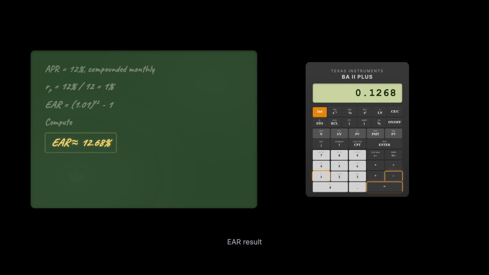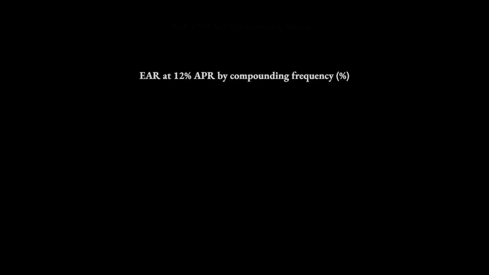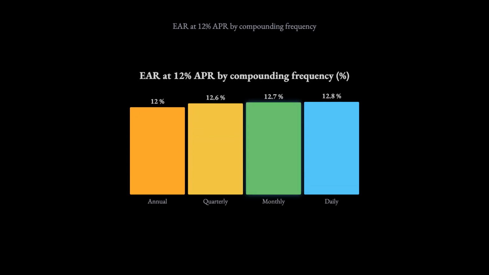Subtract 1, and the effective annual rate is about 12.68%, noticeably higher than the stated 12%. And the more frequently you compound, the more the EAR exceeds the APR. At 12% APR, quarterly compounding gets you to 12.55%, monthly reaches 12.68%, and daily pushes it to 12.75%.